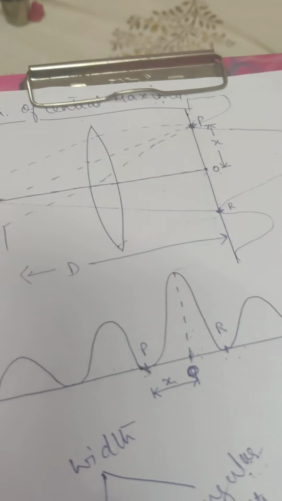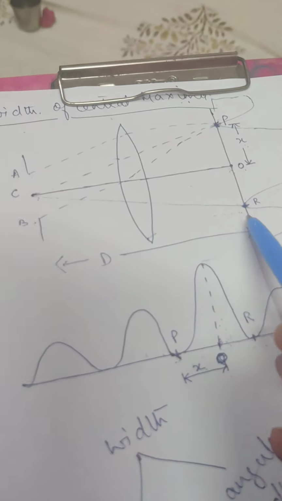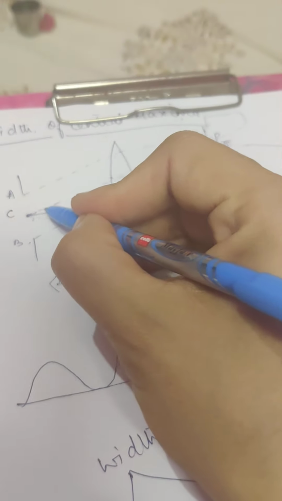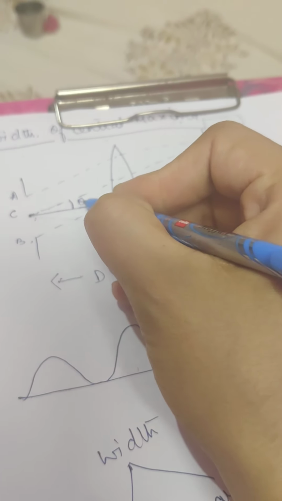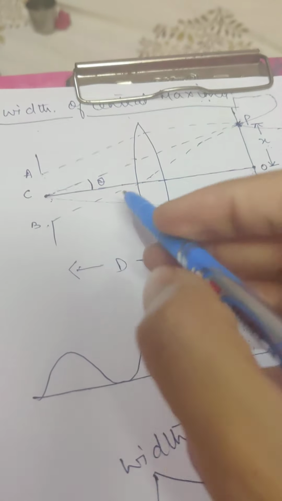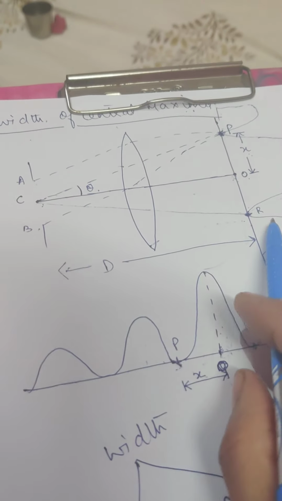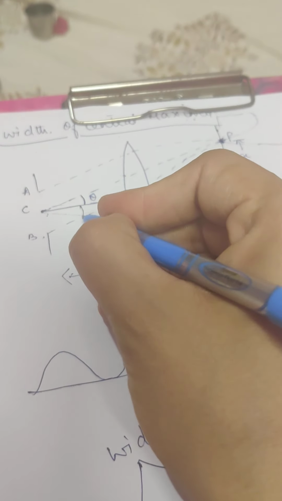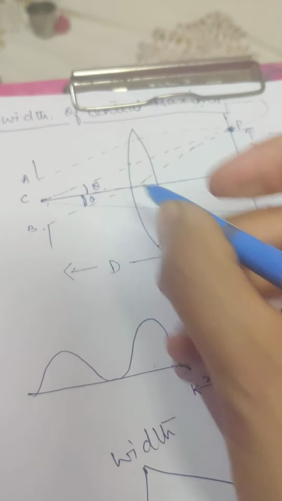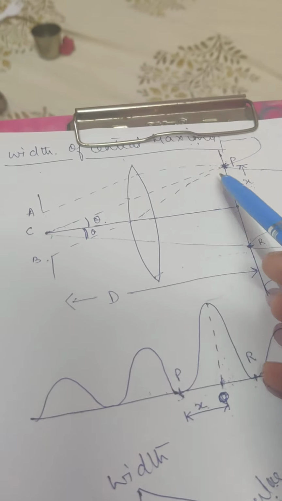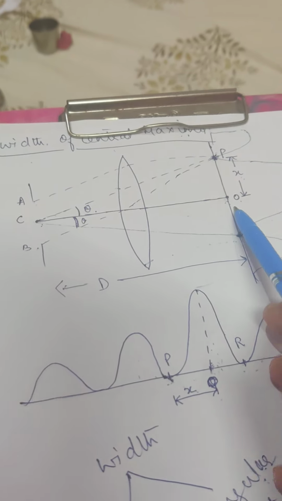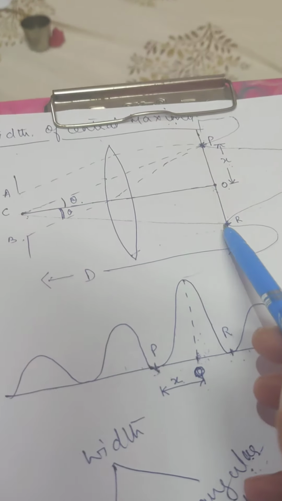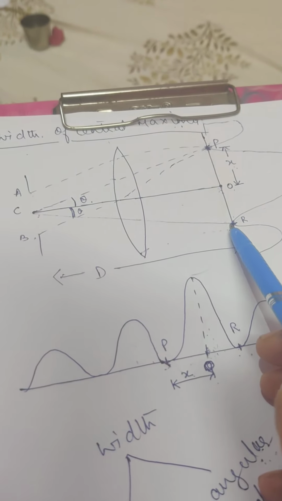I'm joining this point C and R. If this is the diffraction angle theta, then these rays are diffracting on both sides, so this is also diffraction angle theta. Now you can easily see the angle PCO is theta and angle OCR is also theta.